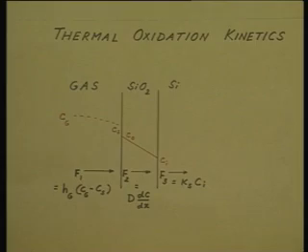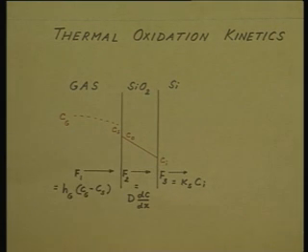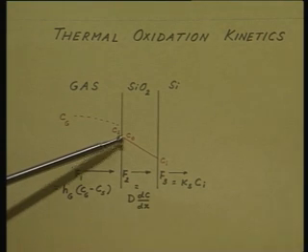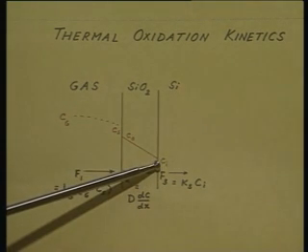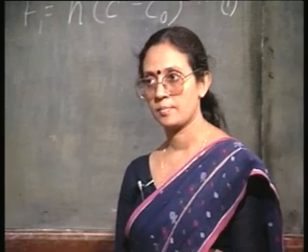If I make a linear approximation as I have done here, concentration of the oxidizing species at the outer surface is given by C naught, concentration at the inner surface is given by Ci, then the concentration gradient will be given by C naught minus Ci divided by the oxide thickness.